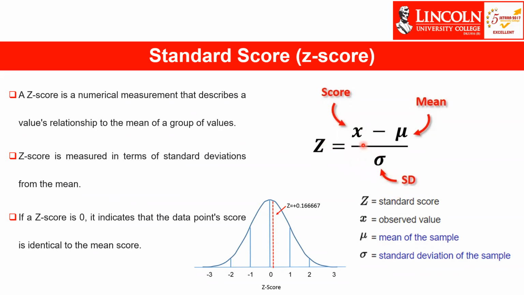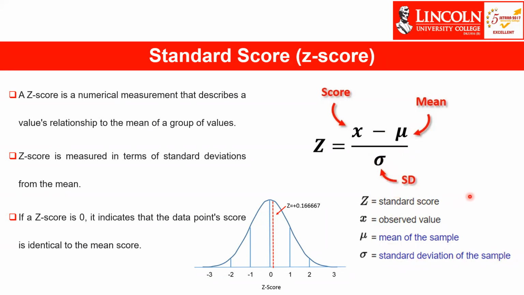But of course, we are looking at how this can be done on SPSS. From the formula, Z stands for the Z-score, X stands for the observed value, mu stands for the mean of the sample, and sigma stands for the standard deviation of the sample.